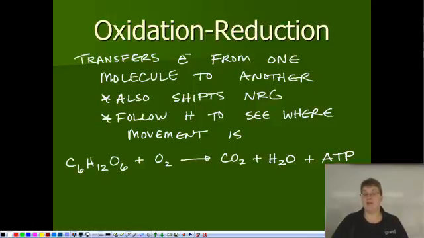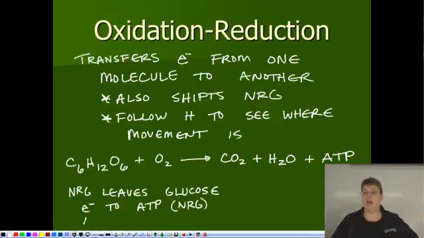So what happens here is that the hydrogens and the electrons that they represent get pulled off of glucose. Okay? And so as those hydrogens leave, they transfer their energy to the ATP molecule, and the hydrogens themselves join up with the oxygen to form water.